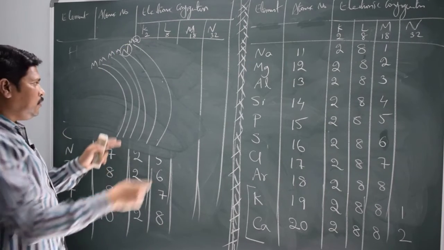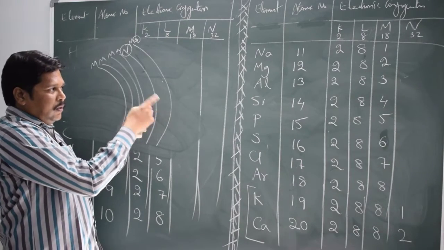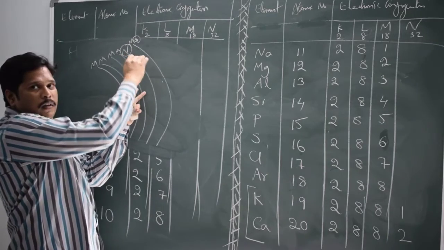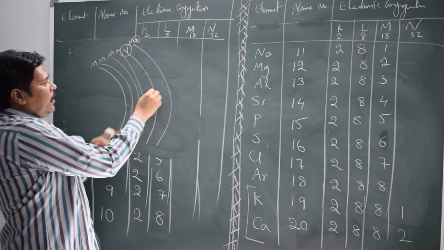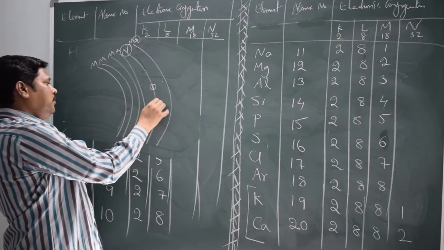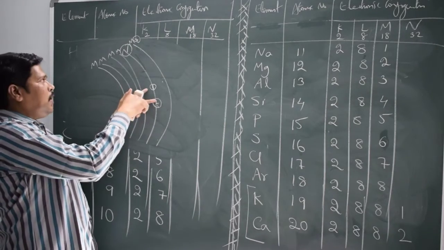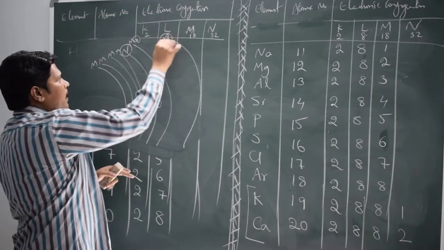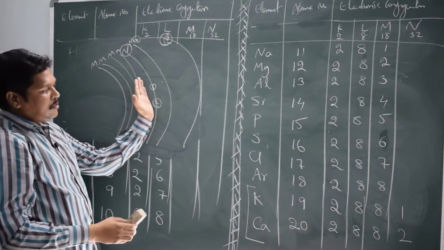So what happens? The electrons are filled in the order of energies. So the M shell after gaining 8 electrons will have more energy than the N shell, so the electrons start entering into the N shell. Now 1 and 2. Once 2 electrons are filled in the N shell, the N shell goes to the higher level.